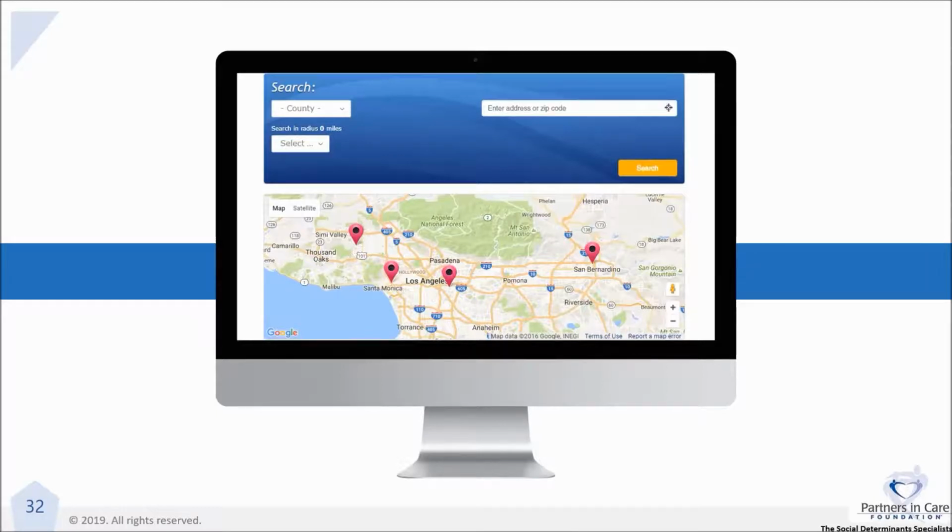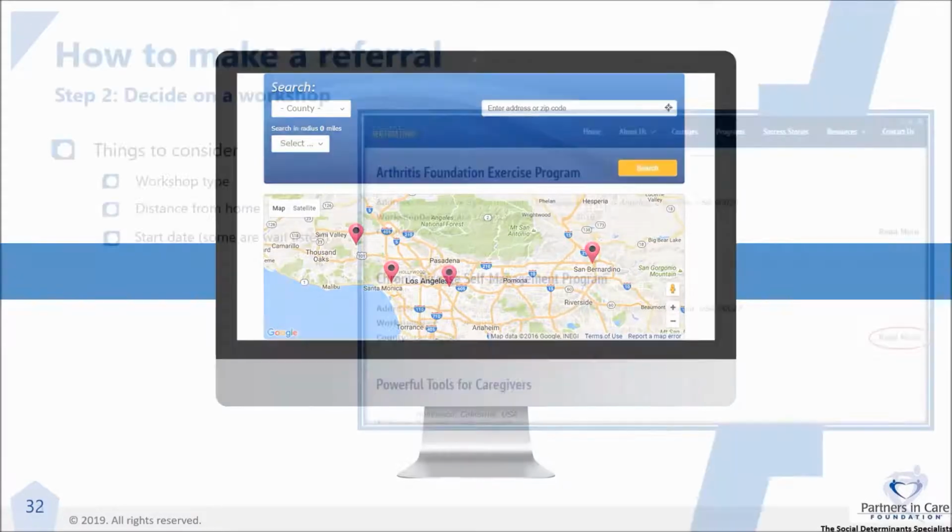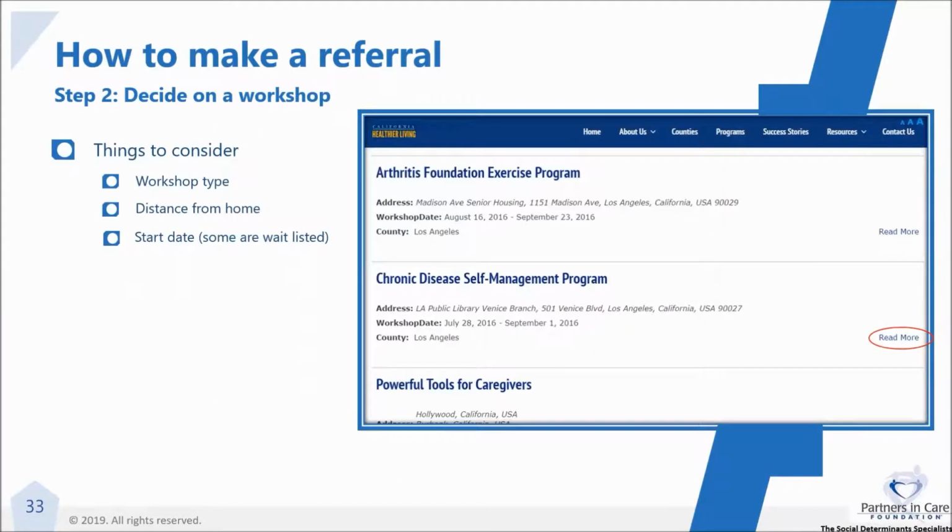If you hover over the pin, you can see what kind of workshop it is. Then you can go to the actual description of the workshop, and it shows where it's located, the address, and the dates that the workshop will be going on.